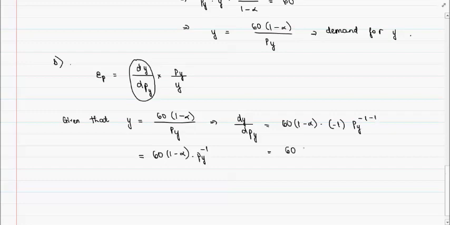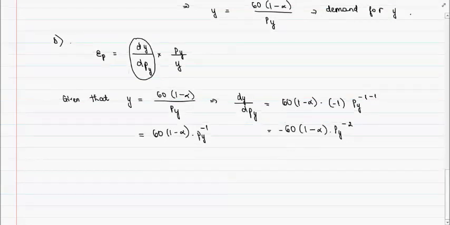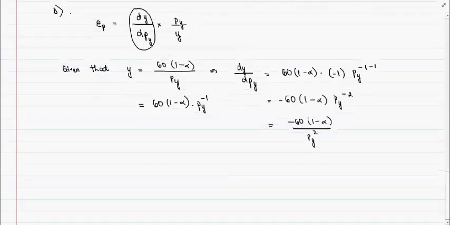So that will give me 60 times 1 minus alpha, negative in front, times Py to the -2. That is basically -60 times 1 minus alpha on Py squared. Okay, so if you move it back to the denominator, it will become a positive number, or if you want to just leave it like this, it's fine. Alright, so we just substitute that into our price elasticity formula.